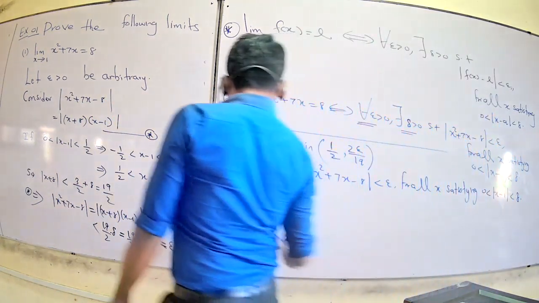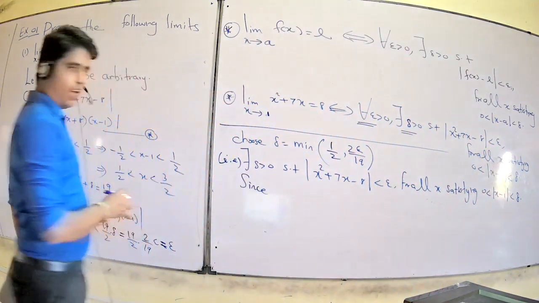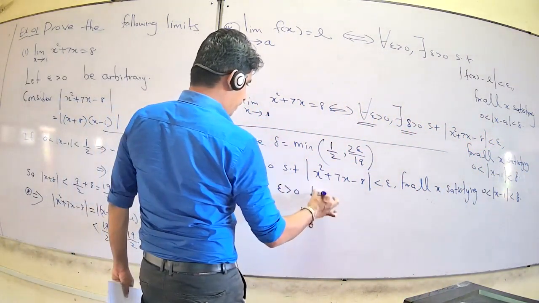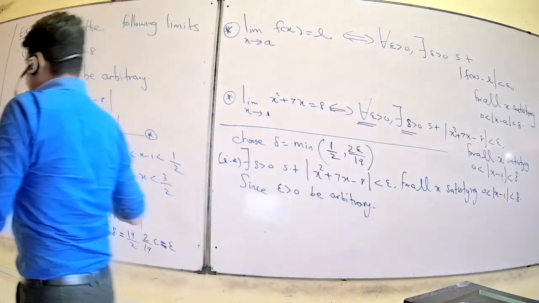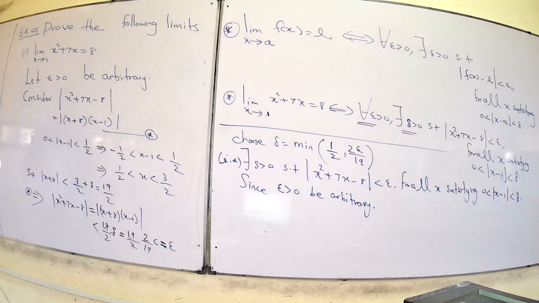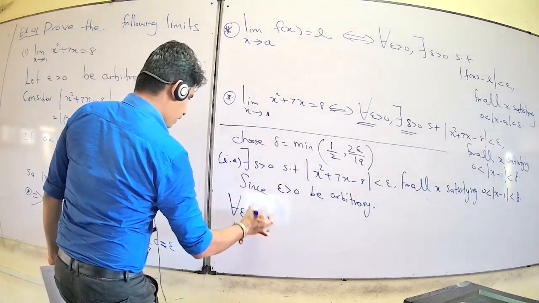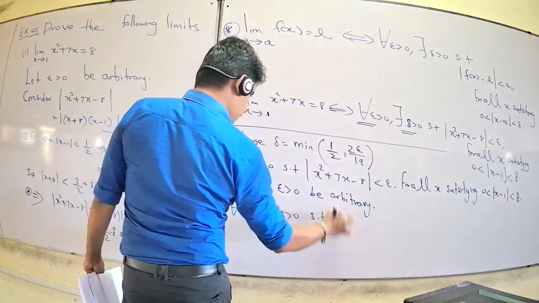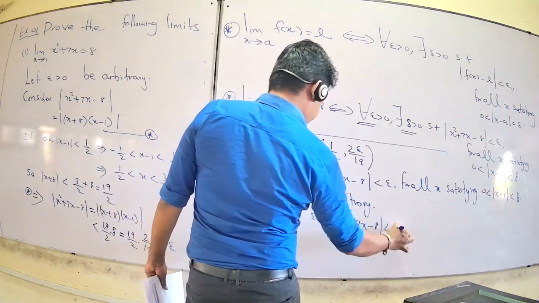Since you take epsilon greater than 0 as an arbitrary number, for an arbitrary number this result is true. Therefore, for all epsilon values, this result is true. That means for all epsilon greater than 0, there exists delta greater than 0 such that x squared plus 7x minus 8 is less than epsilon.